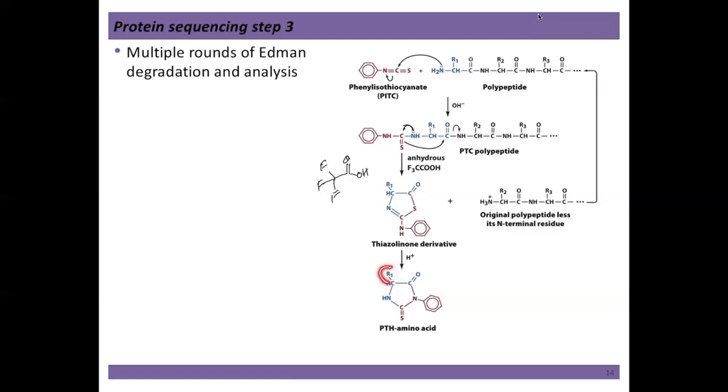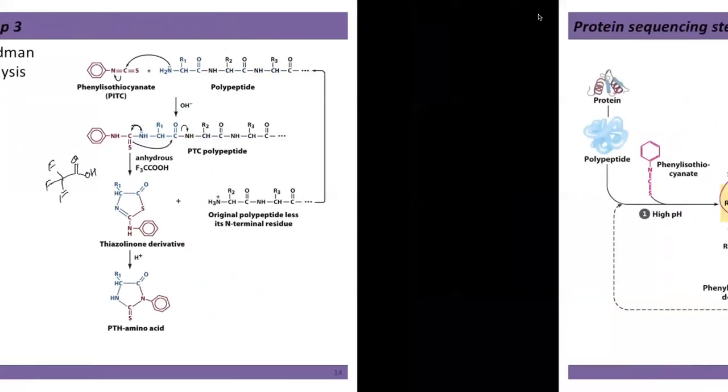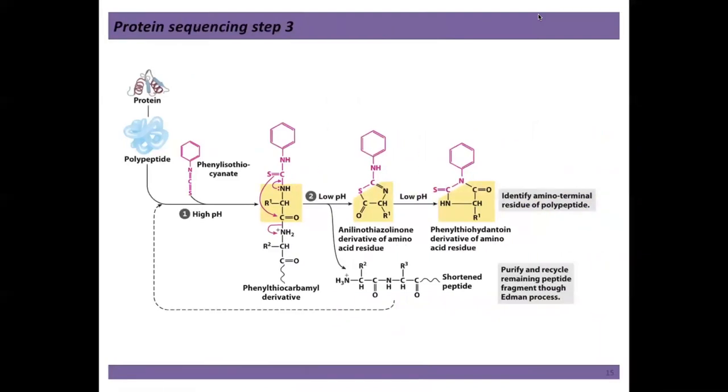So you'd actually end up with 20 different PTH amino acids. And then these come off and you purify them, and each one of these has some characteristic properties because that R group side chain is going to change. So what you can do is just do this stepwise, and you can identify those PTH amino acids, and then you know what the N-terminus was.